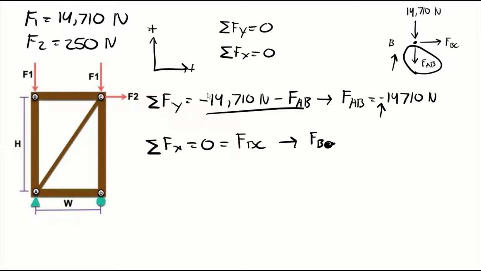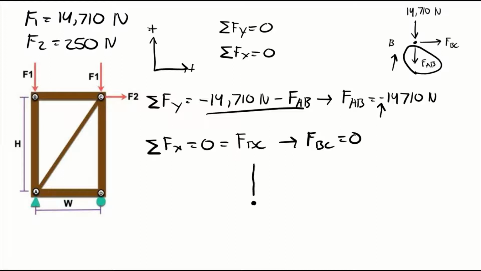Let me erase that and draw it correctly. So again, F sub BC is equal to 0. And now I'll draw joint B with the known forces now, and you'll see what I was talking about with how I drew my F sub AB force arrow in the wrong direction.